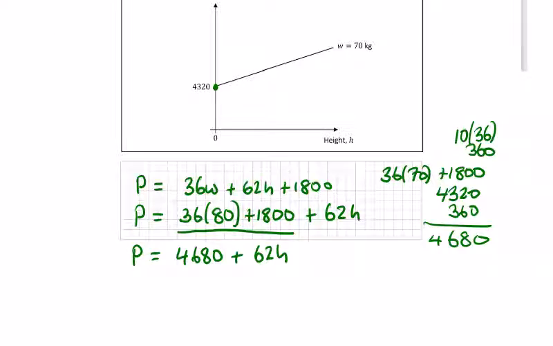So it's going to cross at 4680, and it's going to be parallel. The H is going to go up, it's a straight line. And this we leave to here when W is equal to 80. That's all they're looking for here.